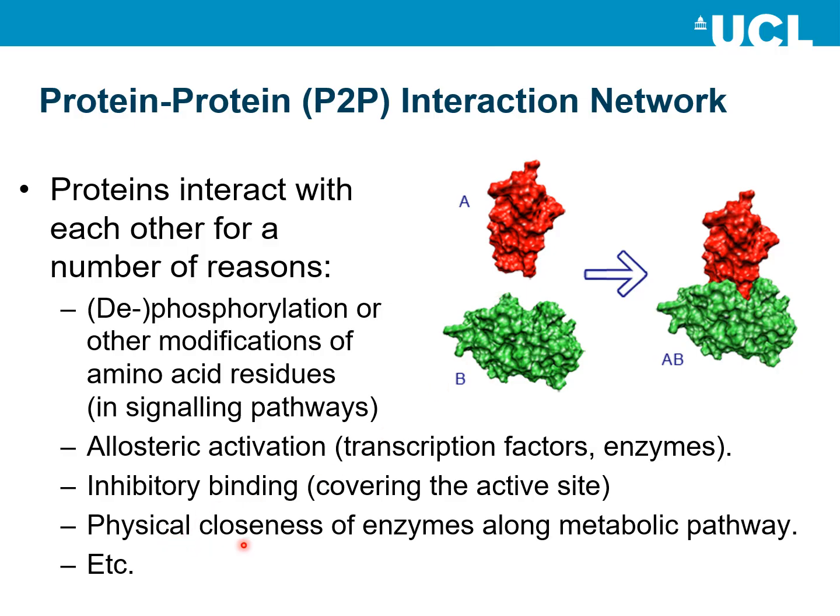It might just be simply physical closeness, that the glucose turns into glucose 6-phosphate, and it's very physically close to the next enzyme on the pathway, which may turn it into fructose 6-phosphate, for instance. So these are the reasons why proteins bind onto other proteins.